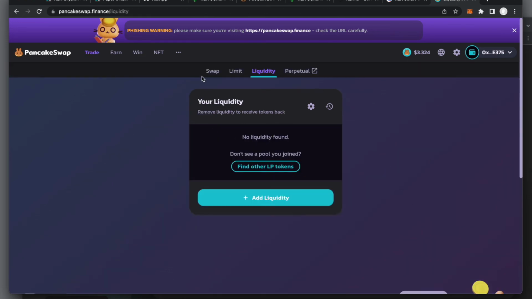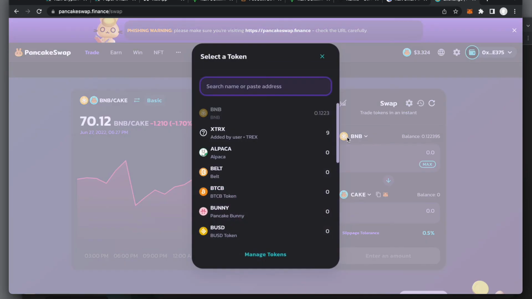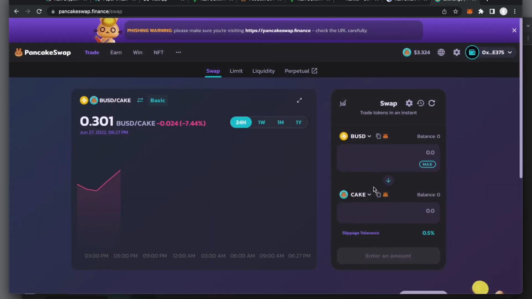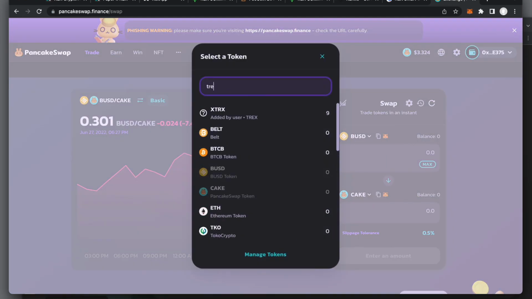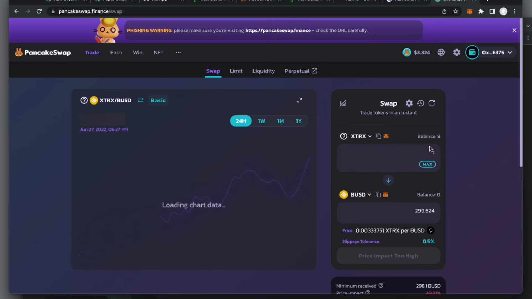Or if you wanted to swap TREX on here, let's just see if we can spend our BUSD and buy TREX. Looks like I can, if I wanted to buy one TREX, or if I wanted to sell one TREX. Okay, so I could sell a TREX here if I wanted to for 299 BUSD.